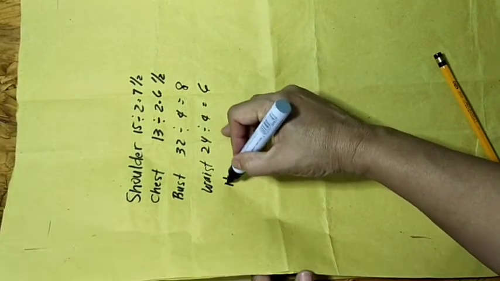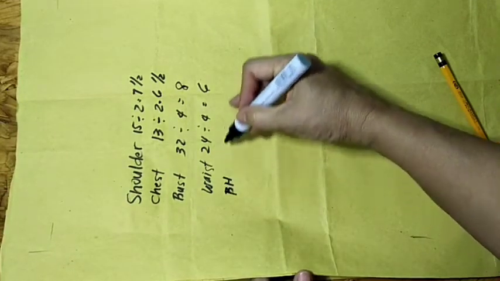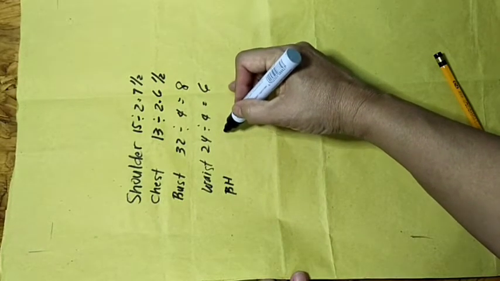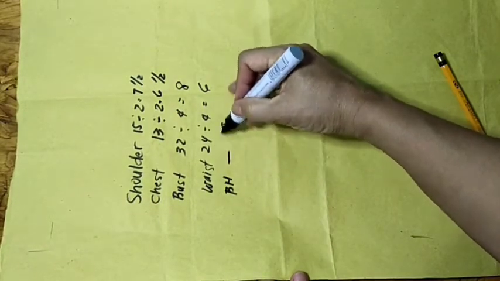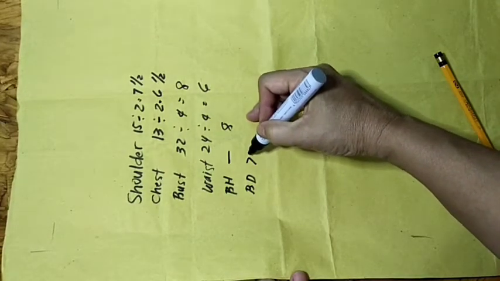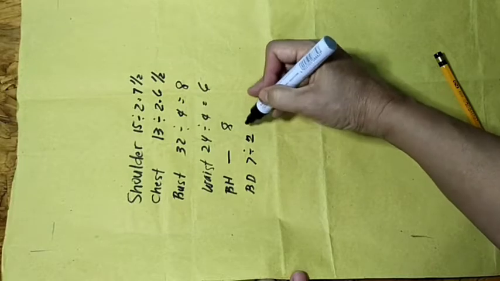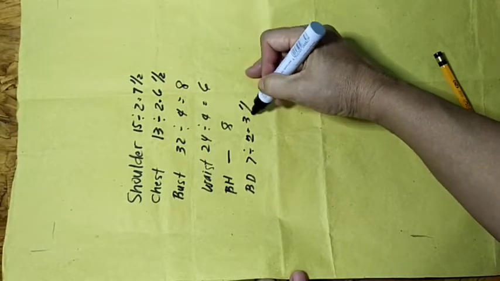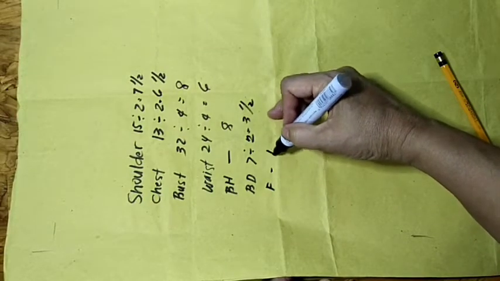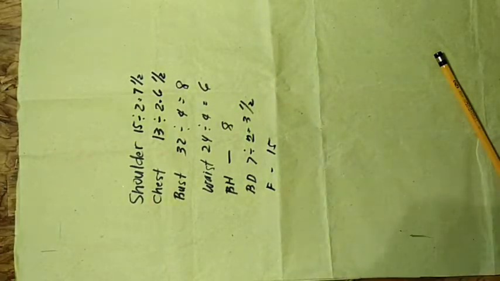Next is bust height. We need full measurement, and this is 8. Bust distance is 7. Divide 2 is 3.5. And figure is 15.